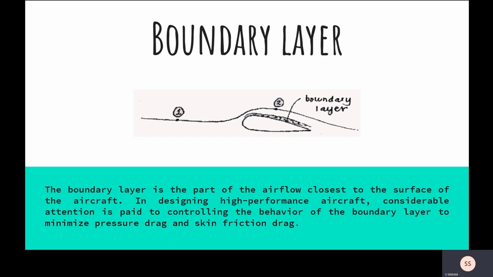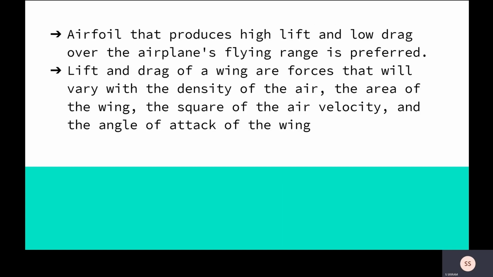It is where lift, drag, and other forces take place. So we need to focus on the boundary layer in order to obtain the perfect values and minimize drag and maximize lift. Again, our objective is to obtain an airfoil that produces high lift and low drag.